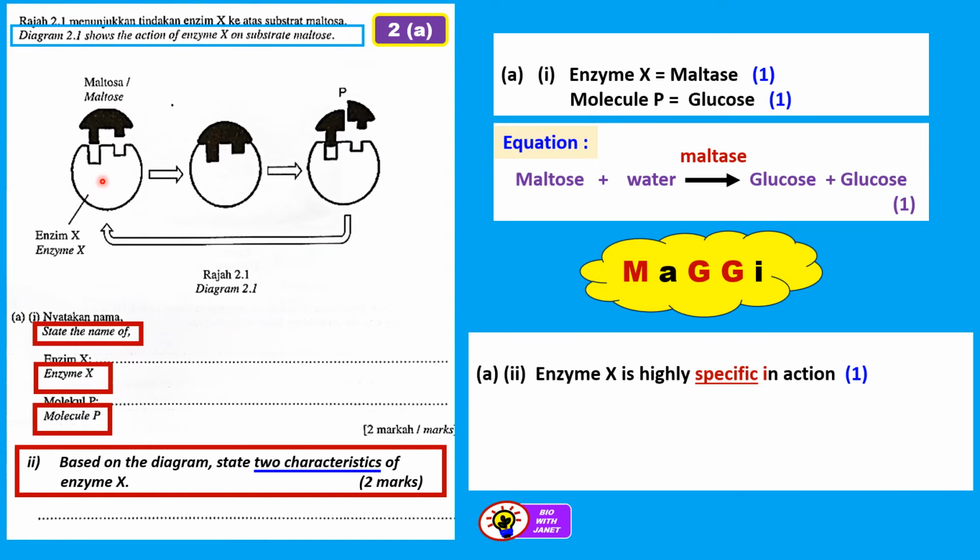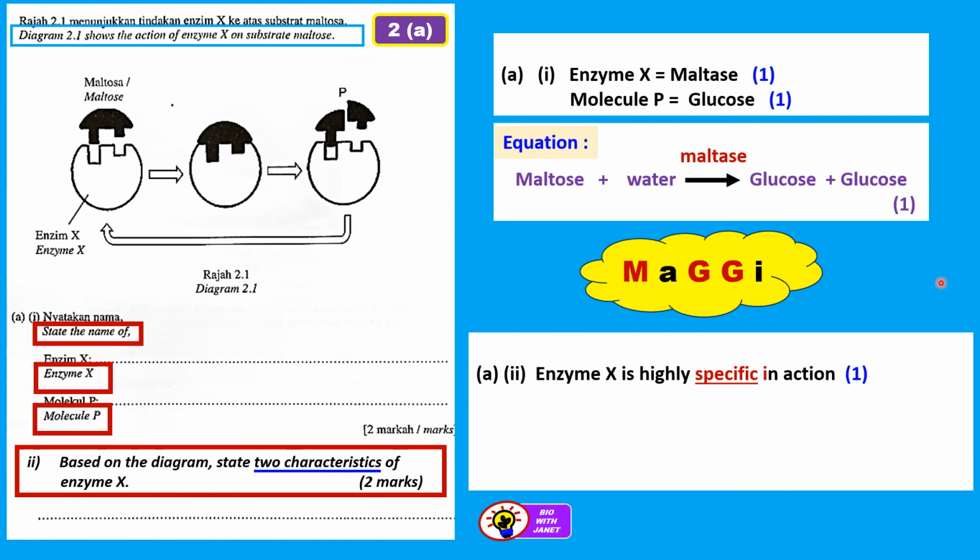Now, secondly, the lock and key hypothesis shows us that enzymes are highly specific in action, correct? Because the shape of the substrate must match the shape of the active site in order for the enzyme-substrate complex to be formed, so the reaction can occur, hydrolysis can occur in this case, and products are formed.